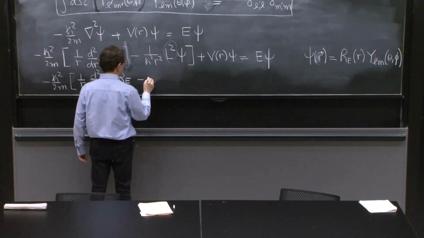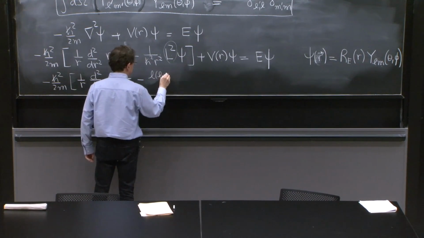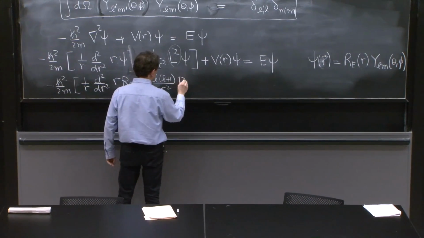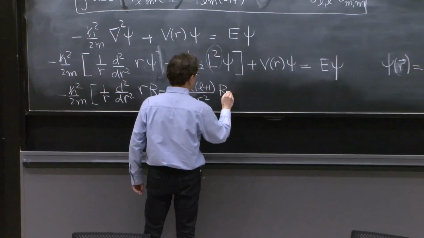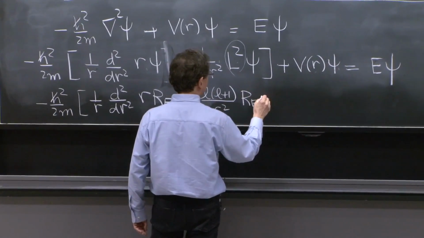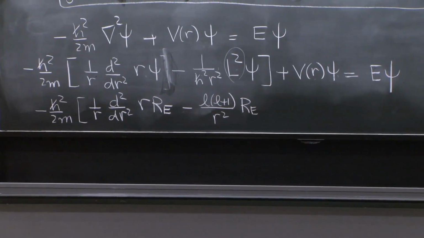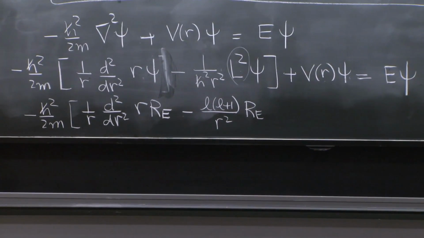So the h-bar squared cancels, and we get l(l+1) over r squared, and then the R_E of r times the psi_lm that has already dropped out of the whole equation.